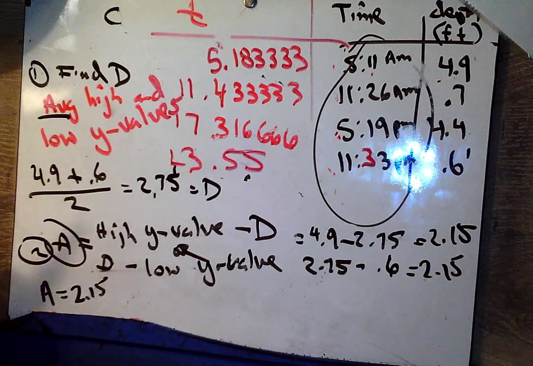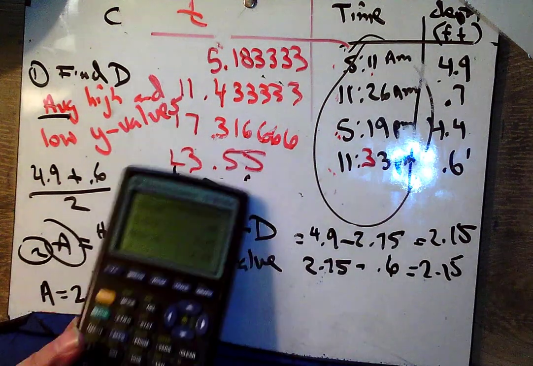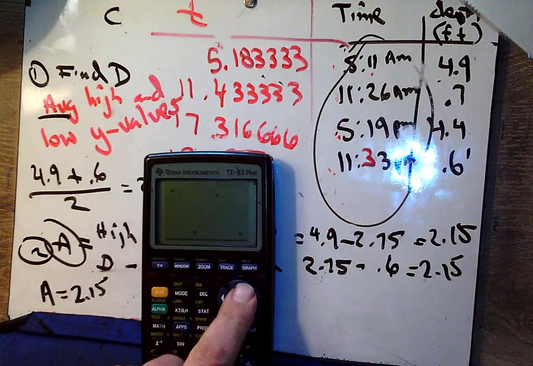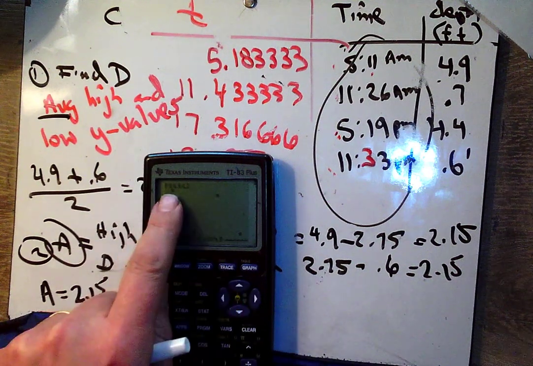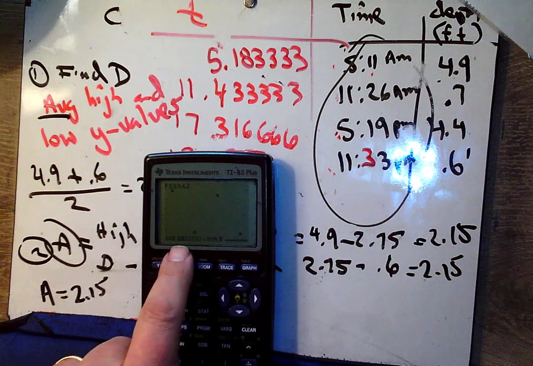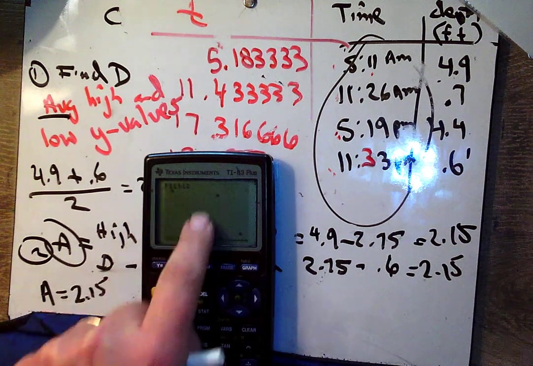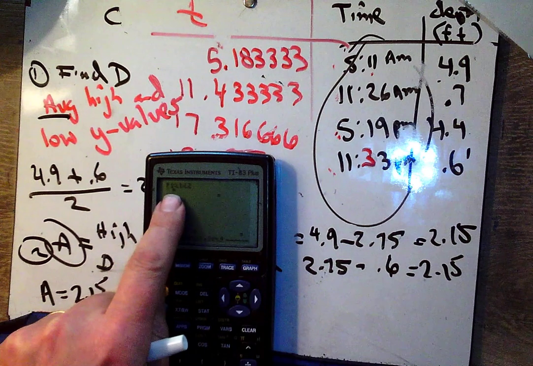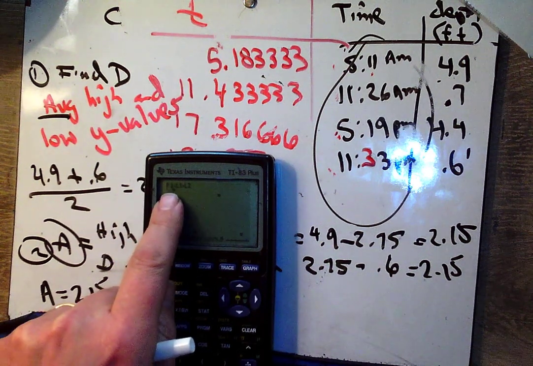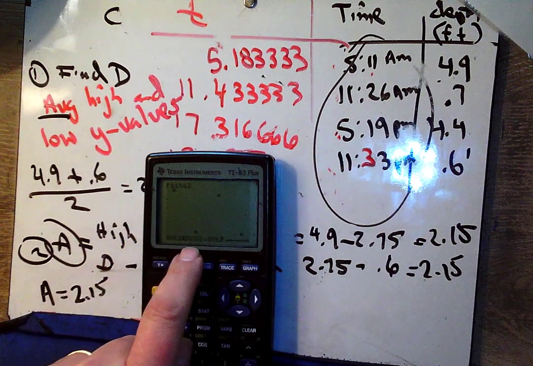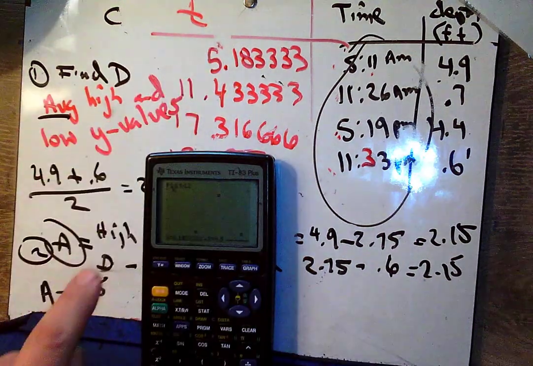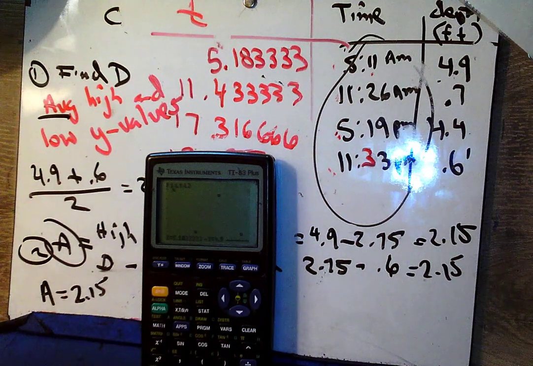Okay. Well, we've got D, we've got A, but I still need to find B and C. So let's take a look at C. C is the easy one. See this graph? And look, this is the only time I use trace. Because we saw this as a positive cosine graph, and I know cosine starts high, I want that x value, 5.18333, that x value is my C value, right?